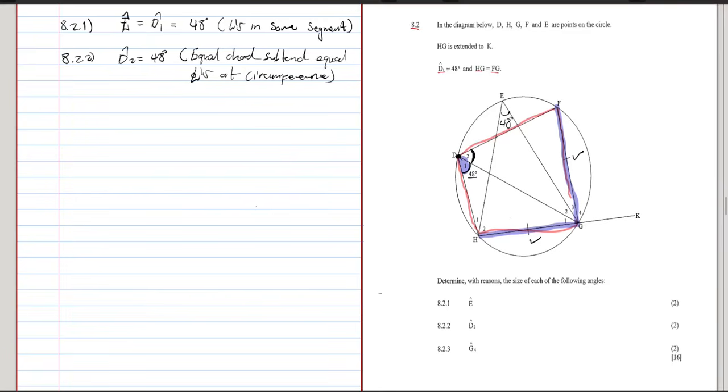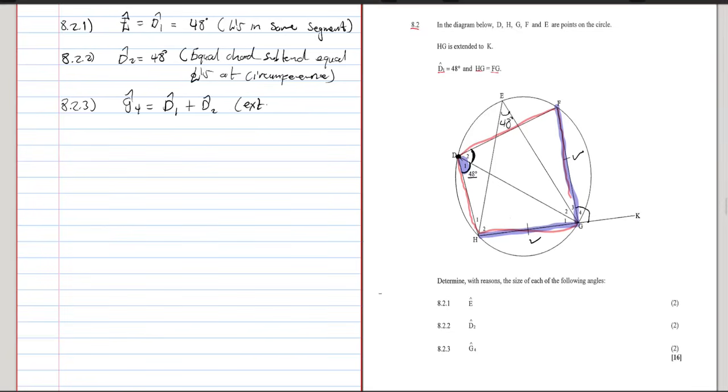8.2.3, G4. Last question on question 8. Yes, so this red shape is a cyclic quad. So G4 is going to be an exterior angle. That G4 is going to give us an angle of D1 plus D2.